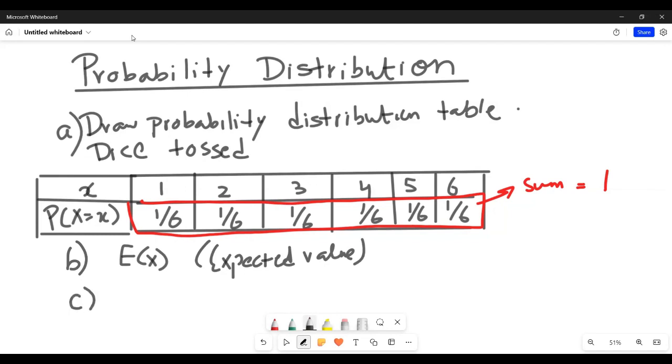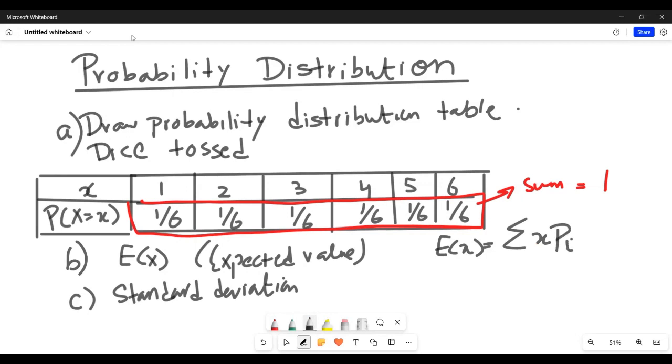And in part C, they'll probably ask for the standard deviation. Okay. So for probability distribution table, expected value and standard deviation have their own formulas. Expected value is found using summation x times probability. Pi represents probability.